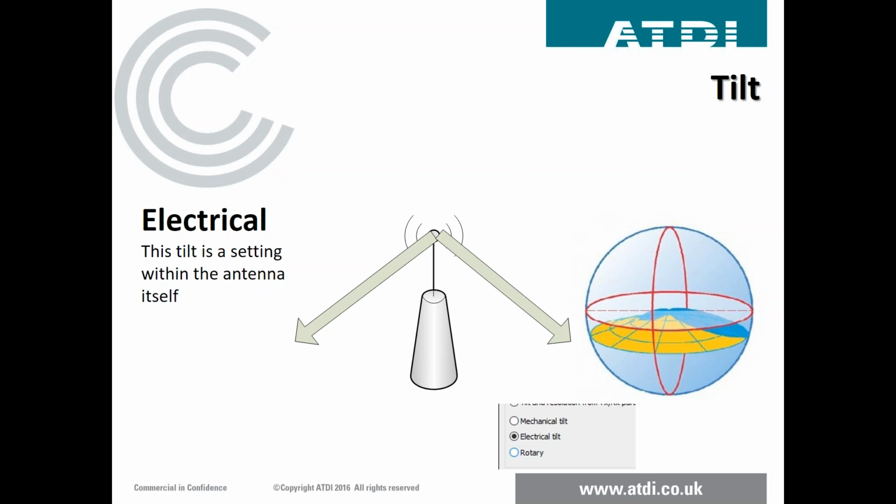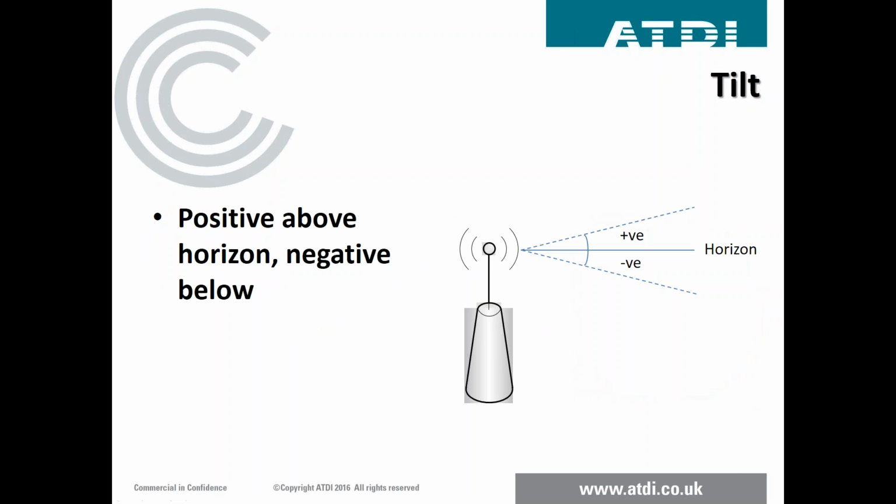So obviously there are two different types of tilt, and you can specify those. There's also rotary tilt, with radar systems in mind, but I'm not going to cover anything more on those. Those are the three options within the tool, and I'll show you where to set those in a moment.